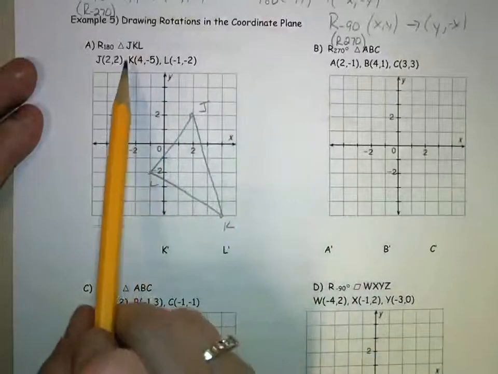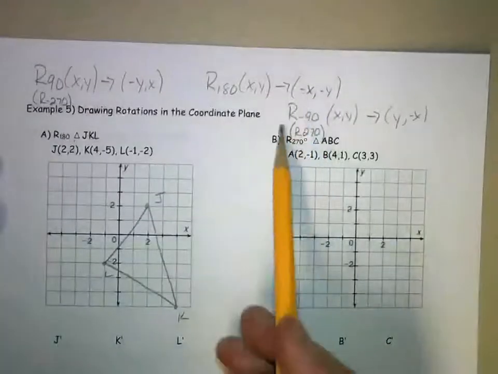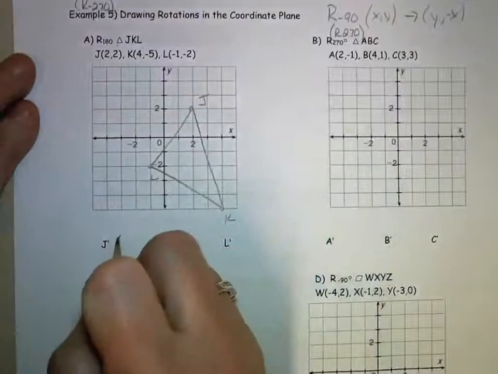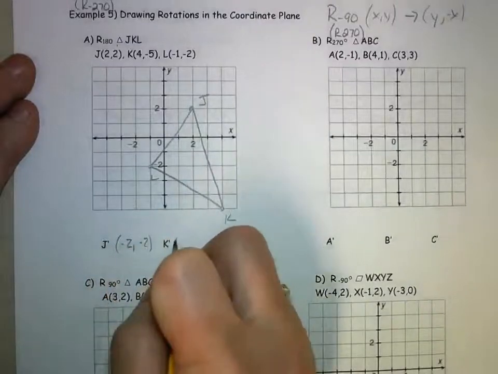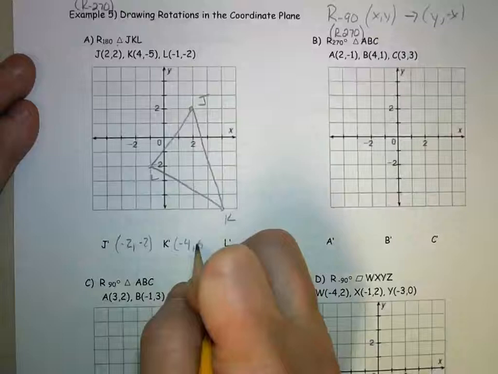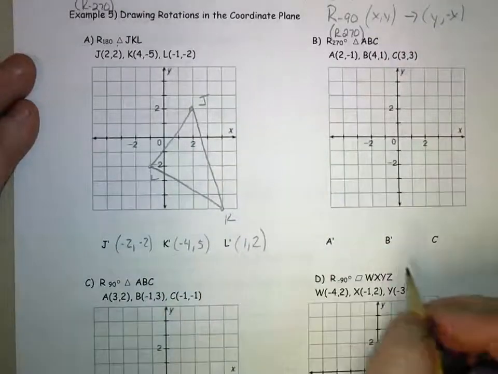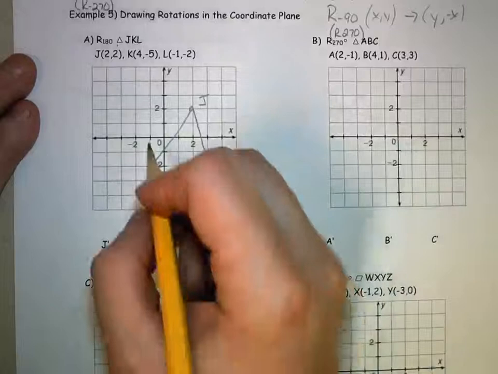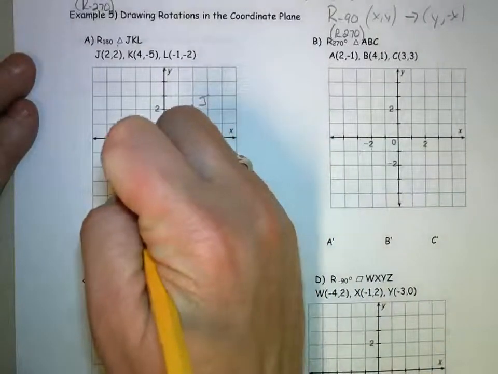And we want to rotate this 180 degrees. So we're just going to change both of those signs. That will become (-2, -2), (-4, 5), and (1, 2). So J prime will become (-2, -2).